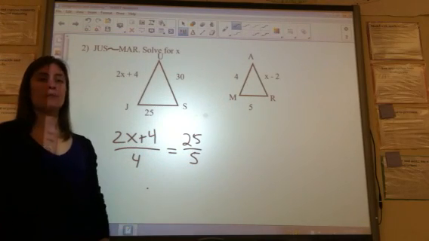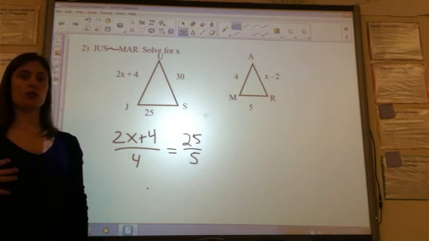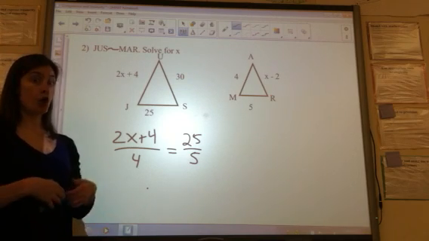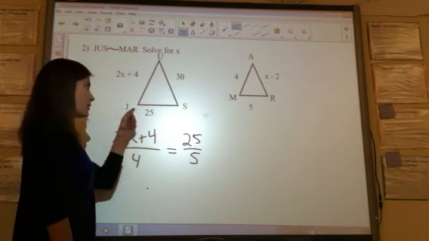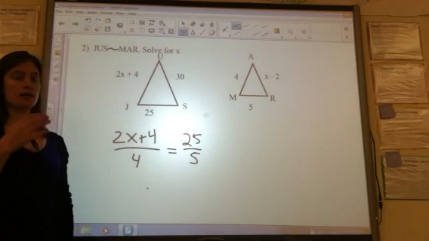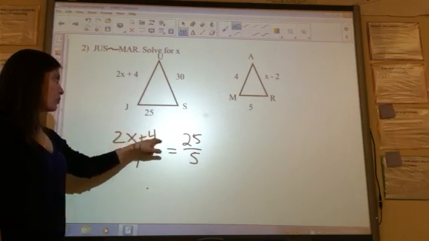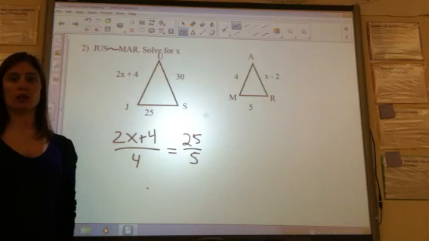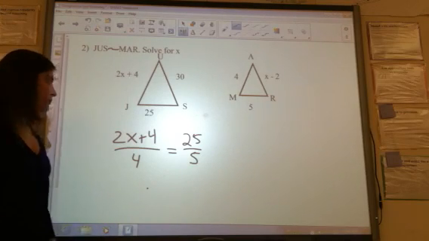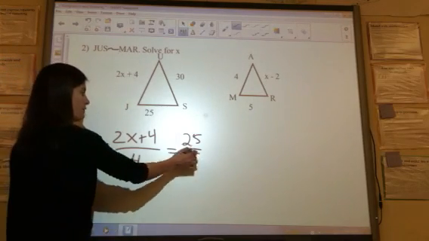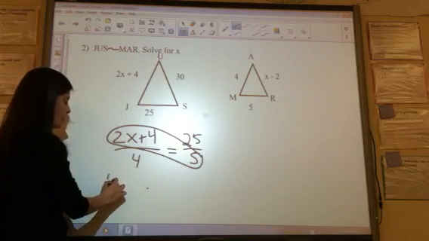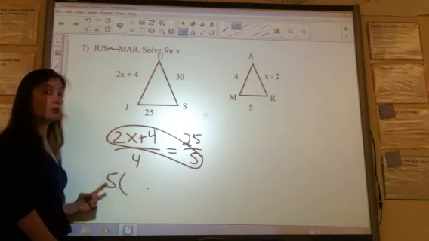When you get into algebra next year, this won't be so much of an issue, but for our purposes right now, you have to make sure that one of your fractions is a number to a number. Or that there's only one binomial in your proportion. So when you go ahead and solve this, when you cross multiply, you have to make sure that you put parentheses.